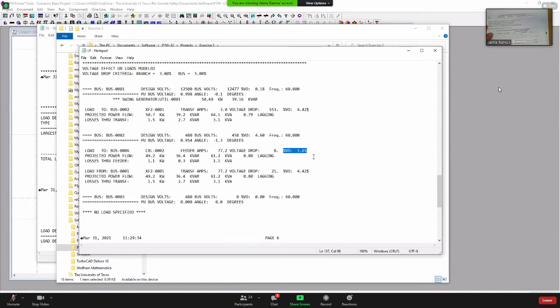When we talk about a voltage drop, then we must specify the segment. So then this makes sense from 02 to 06. So then the design is 480.